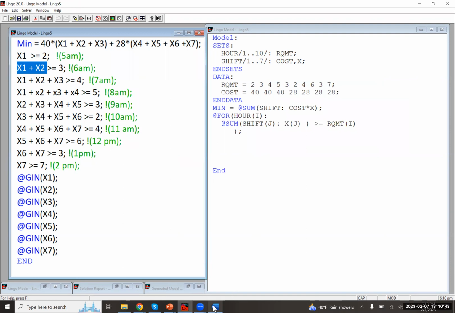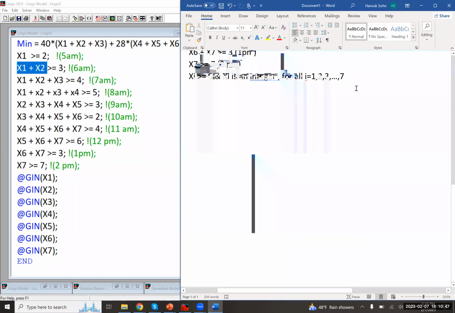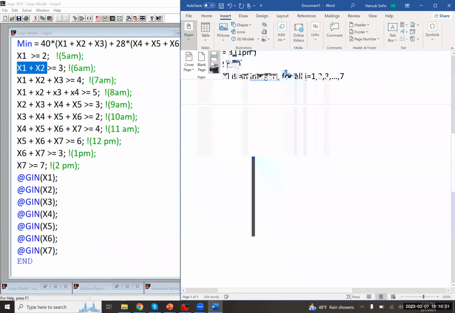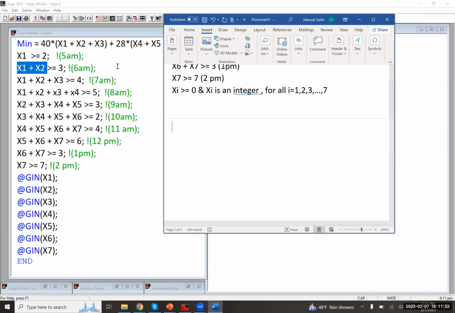So I'm going to use a Word file again, and I'm going to have a new page. Okay, so I'm going to use this screen as of now.